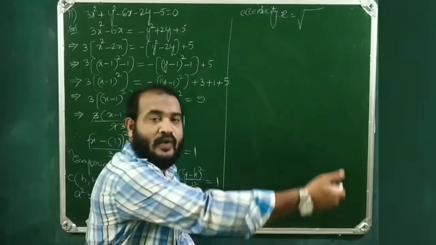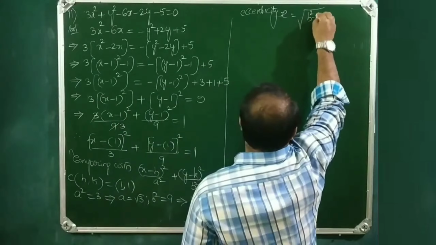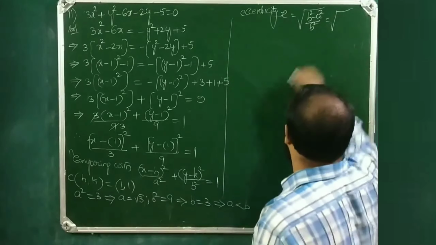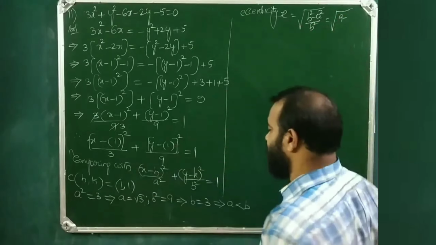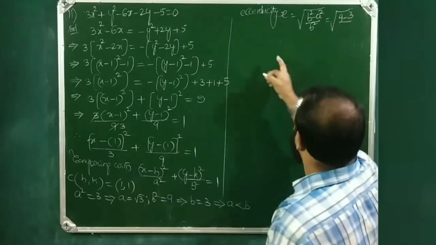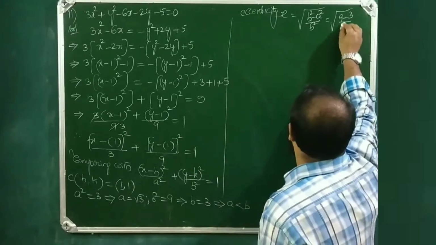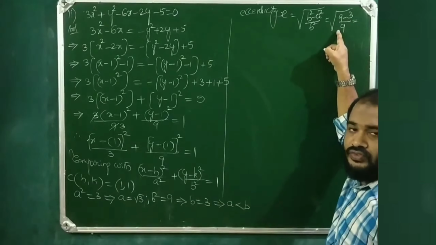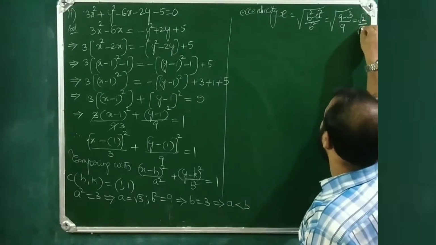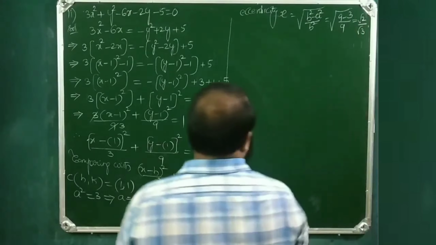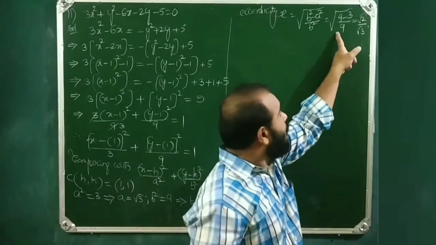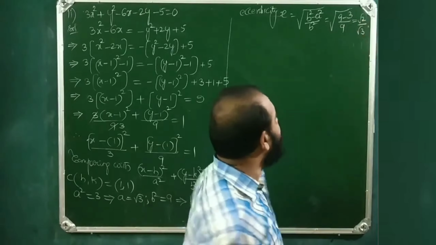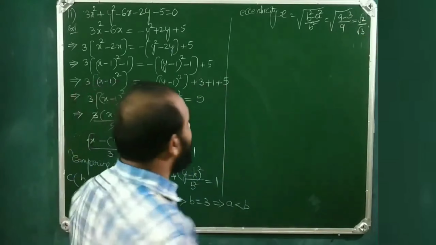So b square minus a square by b square. b square is 9 minus a square is 3, by b square which is 9. So this is 9 minus 3 is 6 by 9, 3 twos, 3 threes, so root 2 by root 3. So this is the eccentricity.